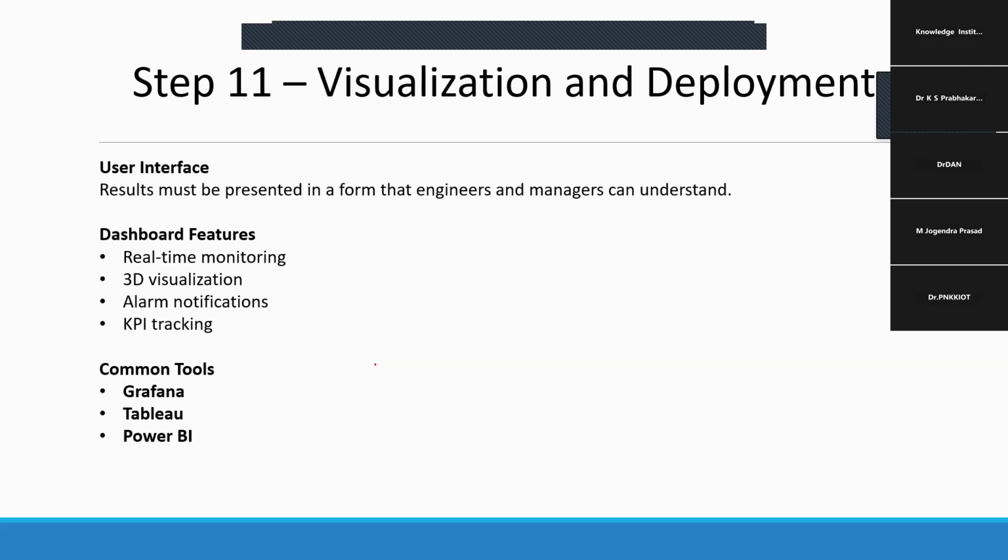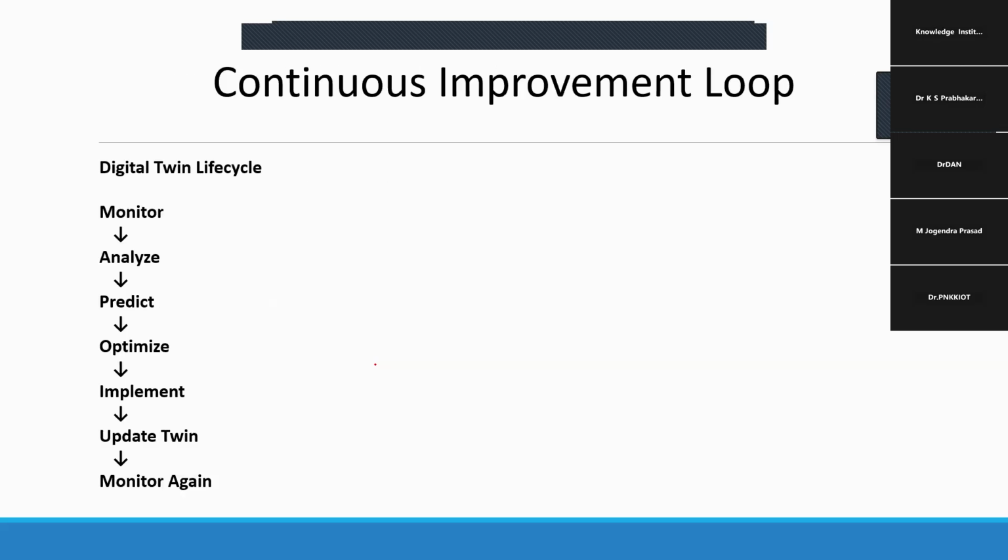This creates a continuous improvement cycle, like real-time monitoring and 3D visualization. As I already told you, it can monitor, predict, optimize, and update, right? In that way, the digital twin becomes smarter and more valuable.